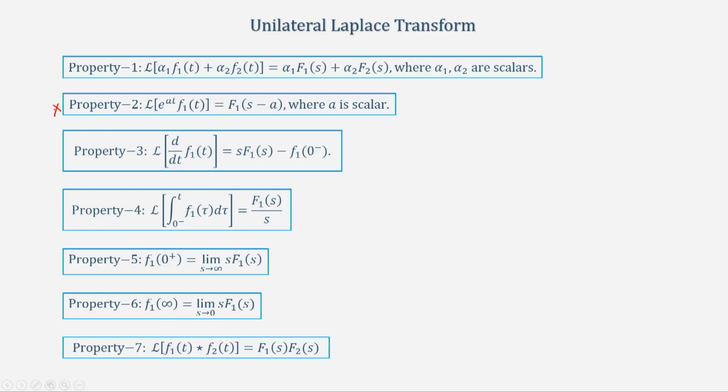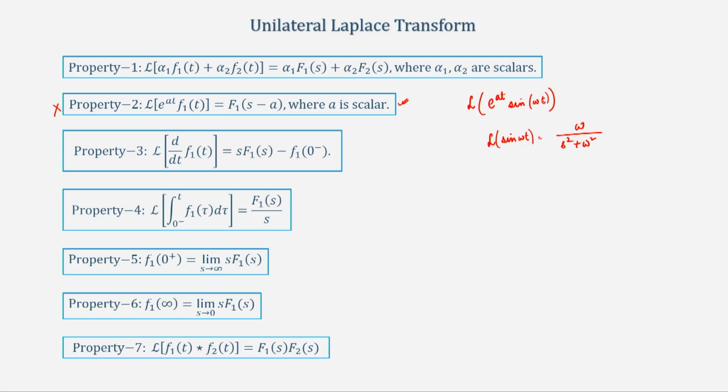Then we have this very important property. See, the Laplace transform of e to the power of at f1(t) is F1(s minus a). Okay. So, now if I use this property blindfolded, see what will be the Laplace transform of e to the power of at sin omega t. We know that the Laplace transform of sin omega t is omega by s square plus omega square.